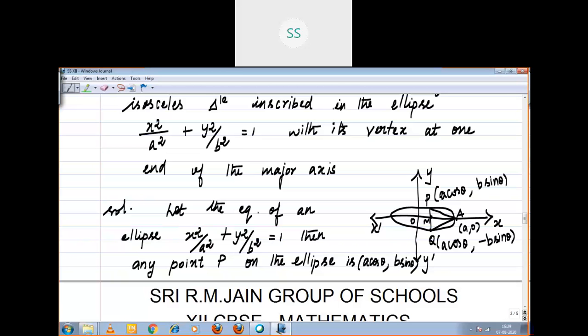From P, we are going to draw a perpendicular.